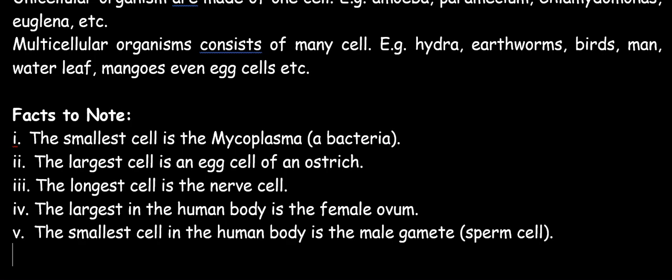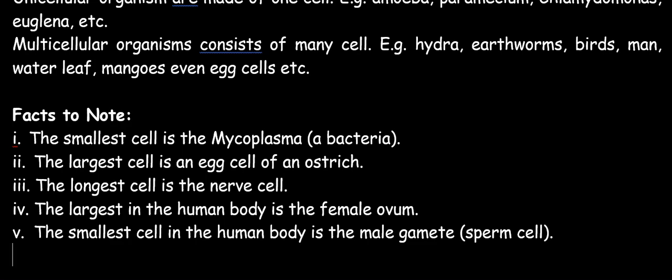The protoplasm is subdivided into the cytoplasm and the nucleus. That is, the components of the protoplasm include the cytoplasm and the nucleus.